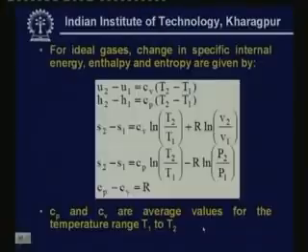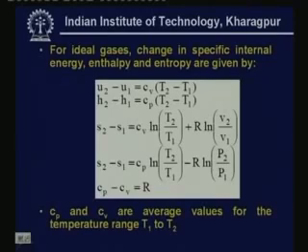Now let us look at how to evaluate the enthalpy change, entropy change, and internal energy change for an ideal gas. These equations are given here for the specific internal energy change, specific enthalpy change, and specific entropy change of an ideal gas. The first equation, U2 minus U1, gives the specific internal energy change, and it's given by Cv into T2 minus T1, where Cv is the specific heat at constant volume, an average value between T1 and T2.